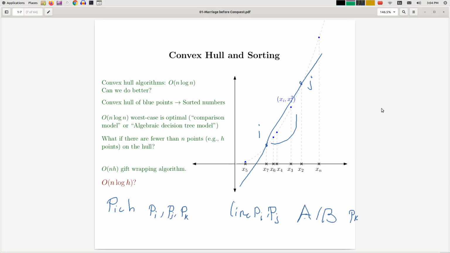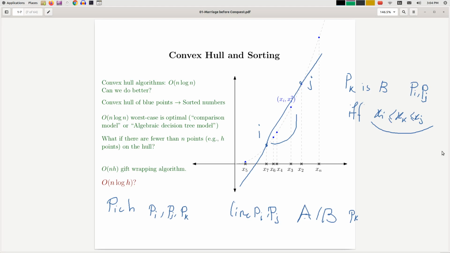In other words, PK is below the line through PI, PJ if and only if xk is between xi and xj. So in other words, one sidedness test can be simulated by just two comparisons.